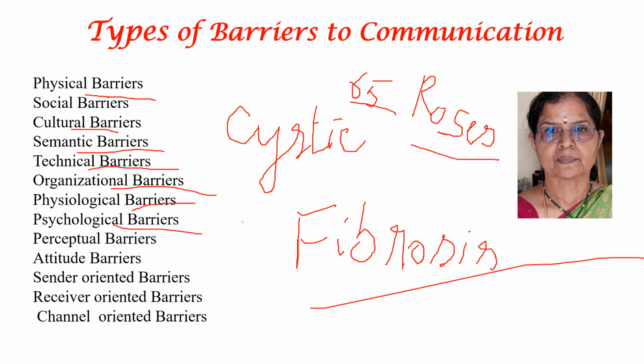And under emotional or psychological barriers, you have perception and attitudes. They play a very big role in impacting the communication, because your emotions affect the way you look at things, perception. See, some people may look at a glass of water which is half filled.